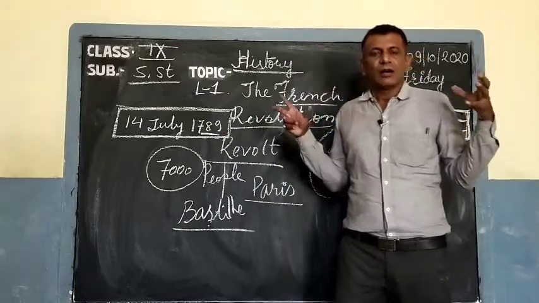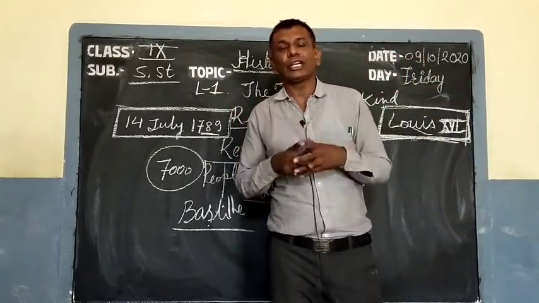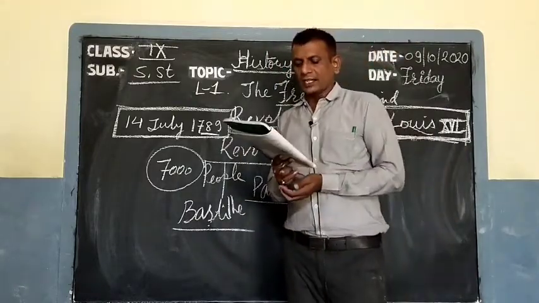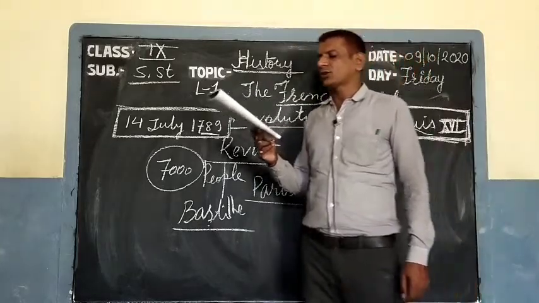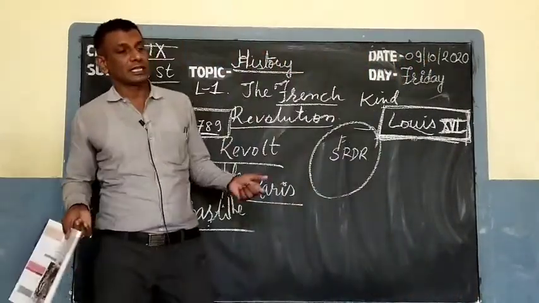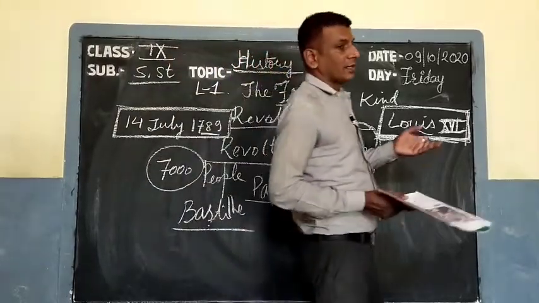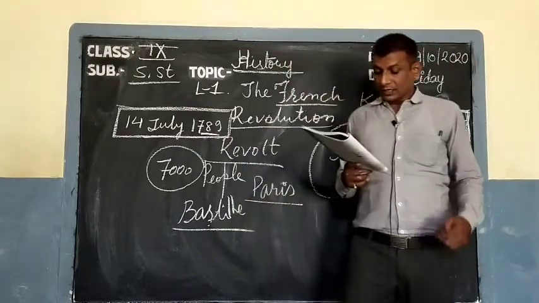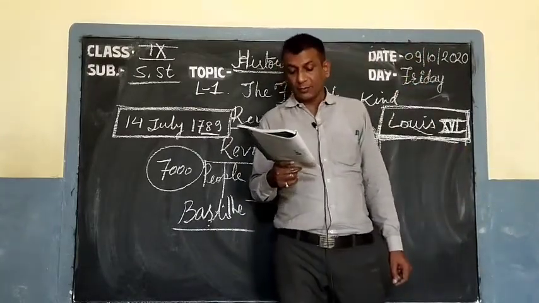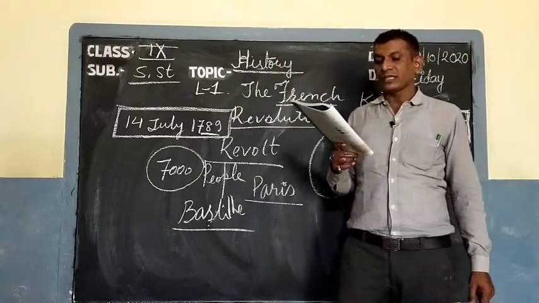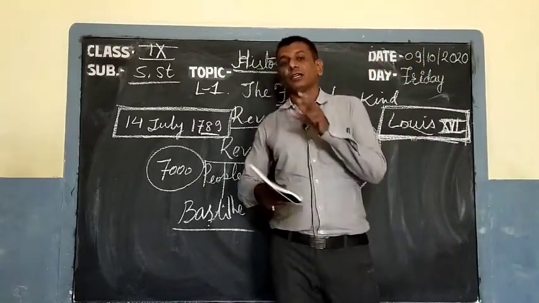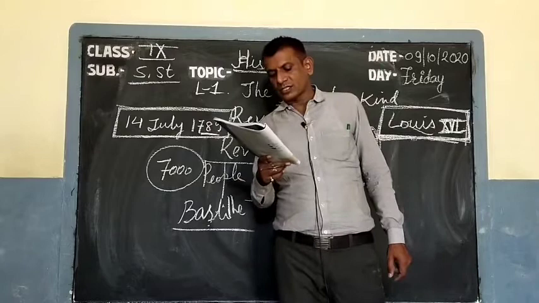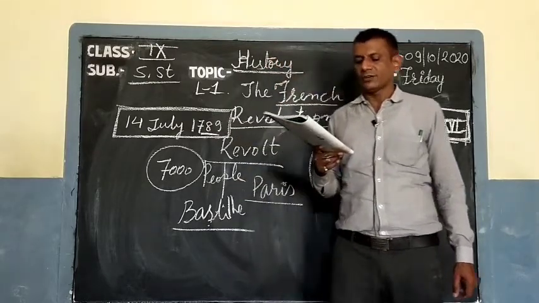So population increased very rapidly in that time, and this led to a rapid increase in the demand for food and grains. Production of grains could not keep pace with the demand. Production was low, demand was high. So the price of bread, which was the staple diet of the majority, rose rapidly.